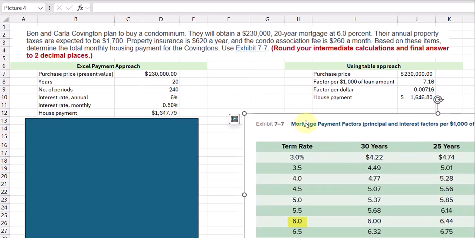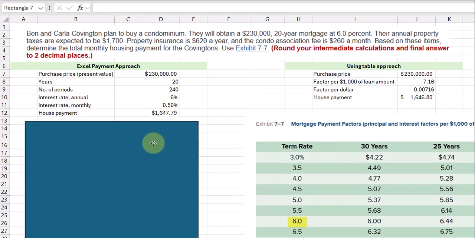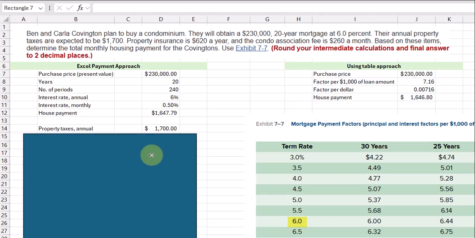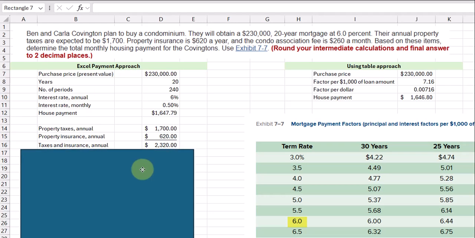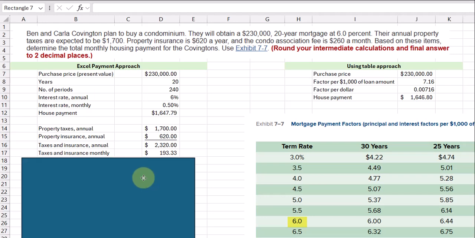All right, let me move this out of the way now. Once we have that, then we have to solve the rest of the problem, where we have to consider the other costs. So the property taxes were $1,700. They gave us that, and that's on an annual basis. The property insurance is $620 right there. So our total taxes and insurance is $2,320. Divide that by 12, and we come up with what the monthly amount is, right?